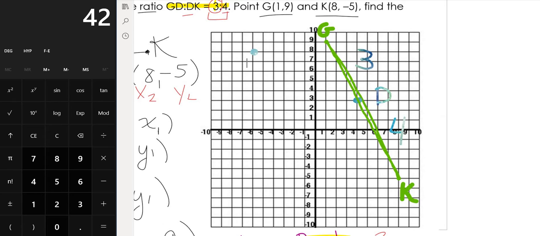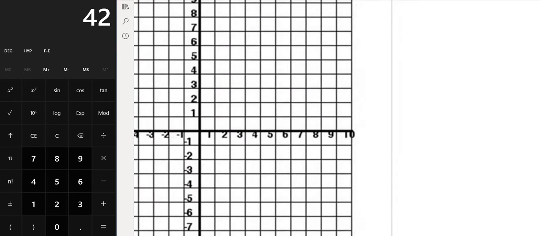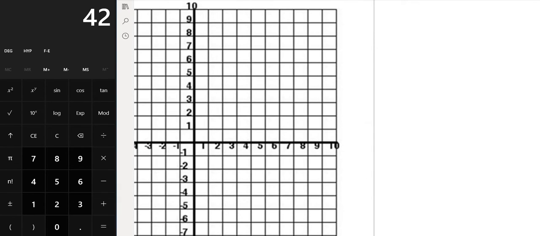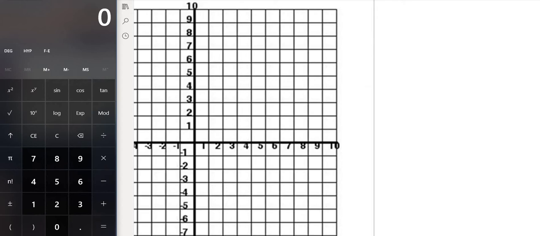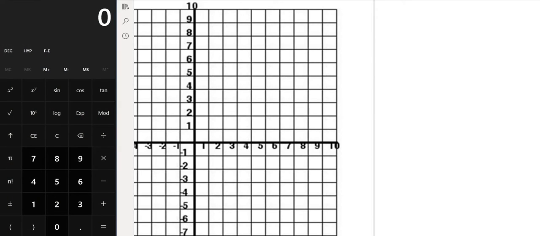I'm going to now show it to you with a visual method. So I'm going to clear all this off, and we're going to do it visually. Step 1 is we're going to plot G and K. Again, G is located at 1, 9, and K is located at 8, negative 5.